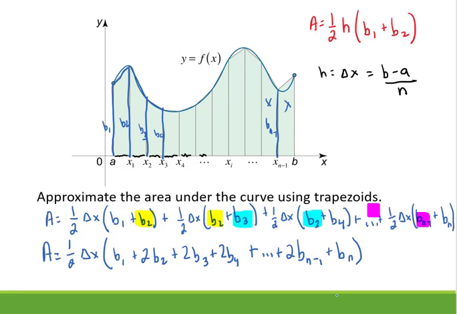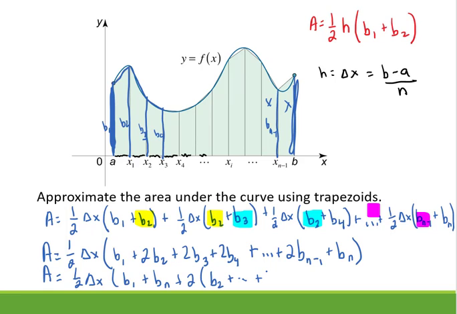So as long as you have an even interval, you can use this formula: base 1 plus base n. So the first one and the last one you only use once. Everything else you use twice. Okay, so that's in general the general formula.